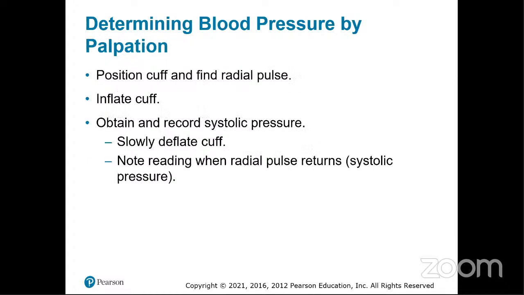So determining blood pressure by palpation, you can position the cuff over the radial pulse, inflate the cuff, obtain a systolic pressure, slowly deflate the cuff until the reading on the radial pulse returns.